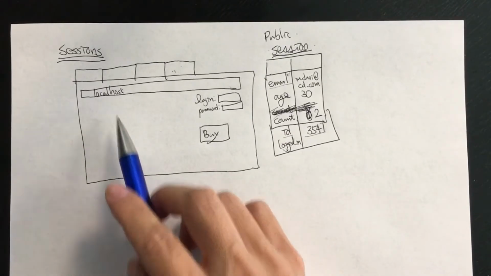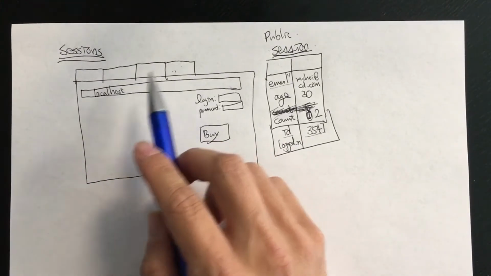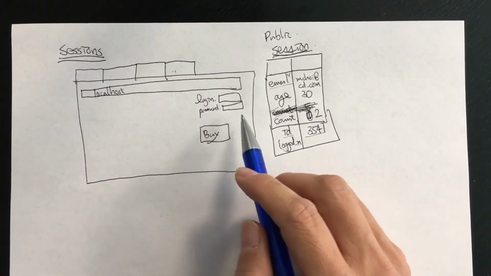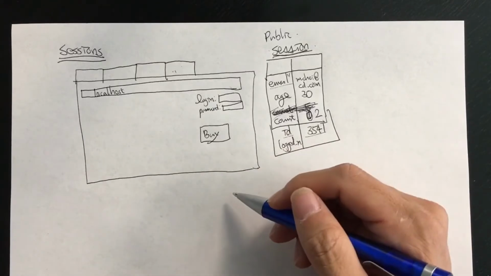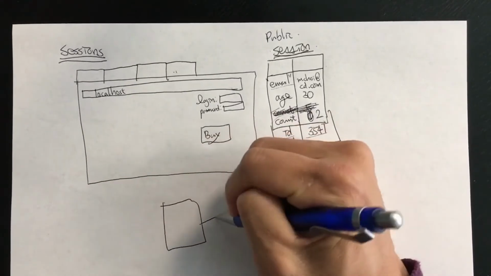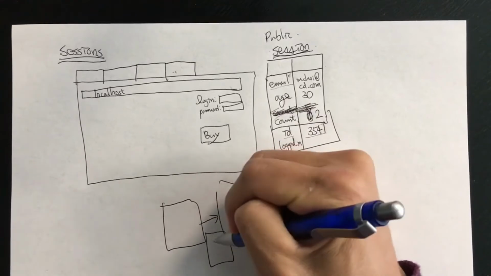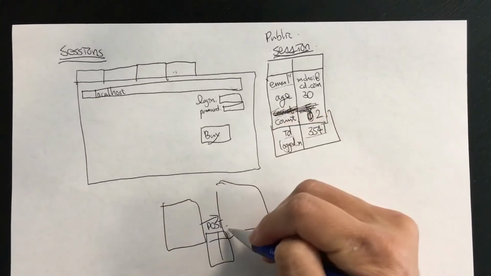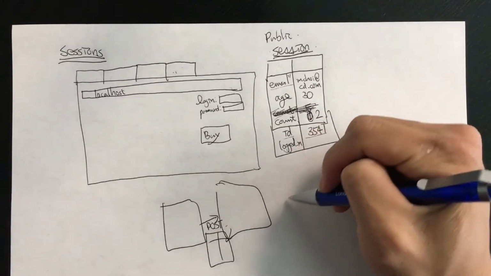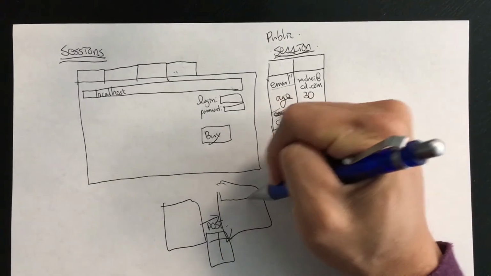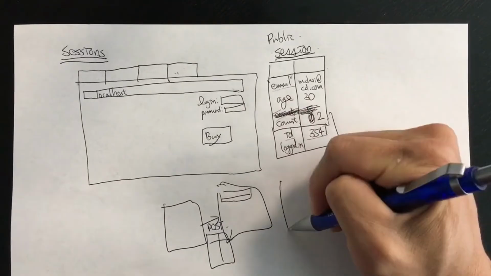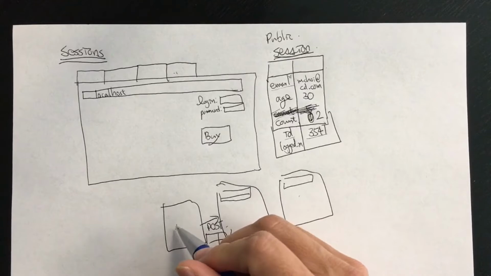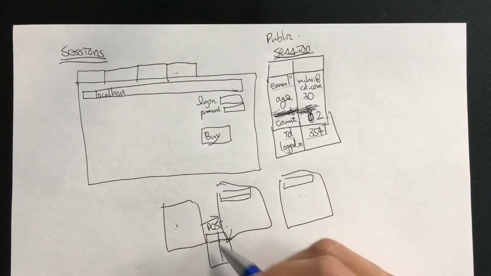Or, in fact, it doesn't even have to be a new tab, because when it goes from one page to the next page, we learned how you can pass information through the post, right? So you can pass information from one page to the other through post. But when you go to the browser and type in another URL, even if you go back to this page, it won't have access to this post again.